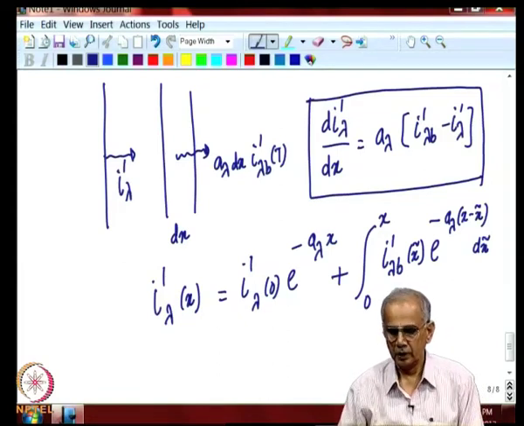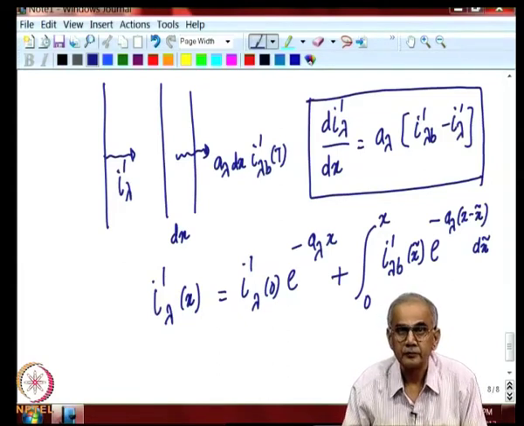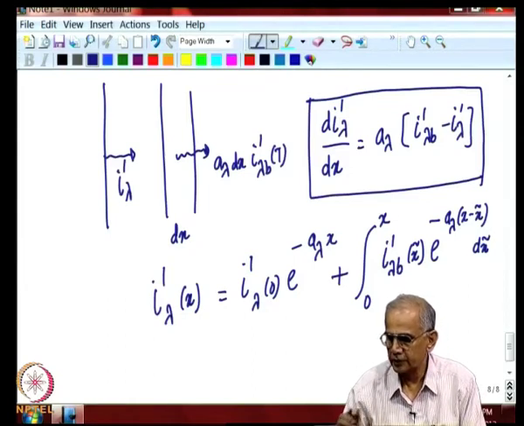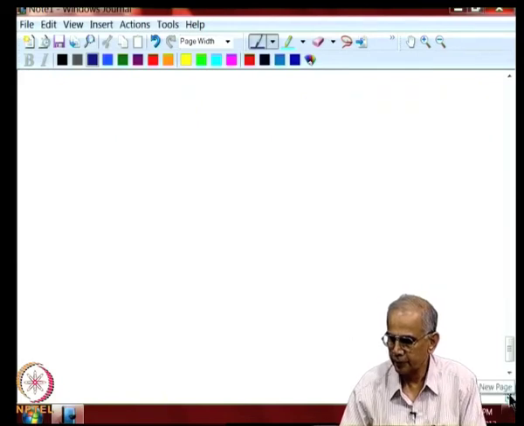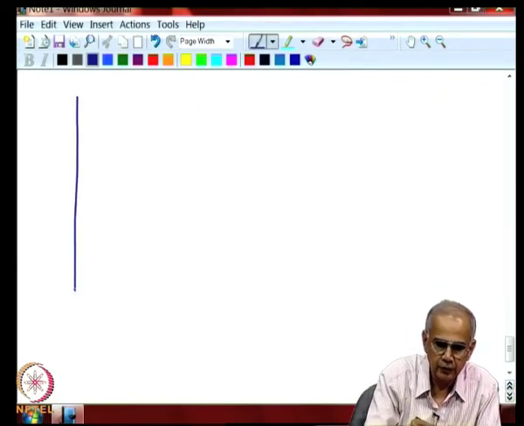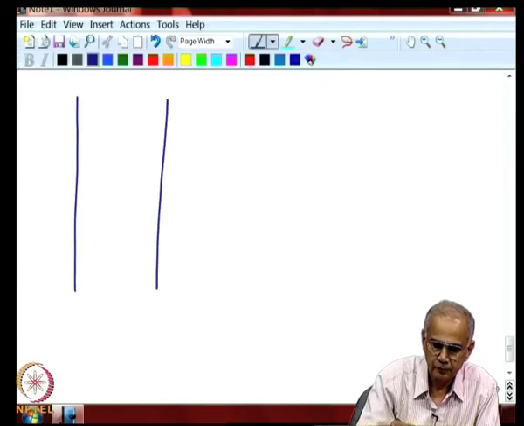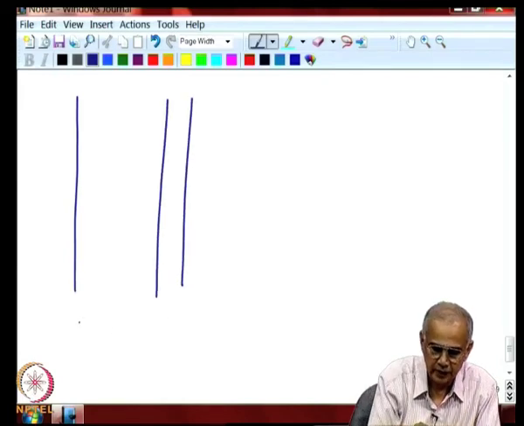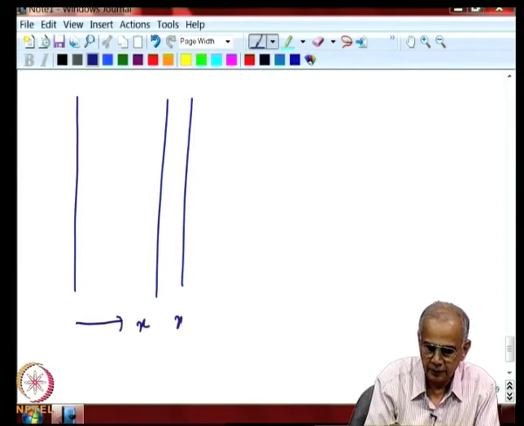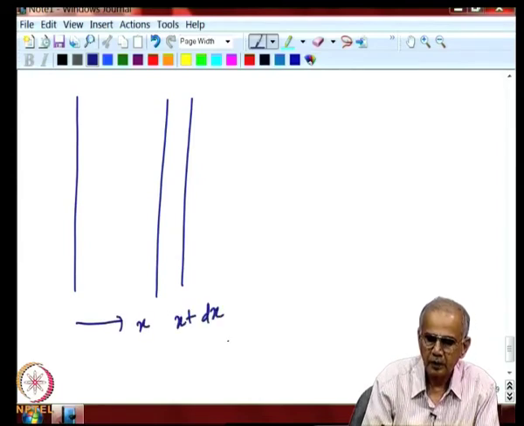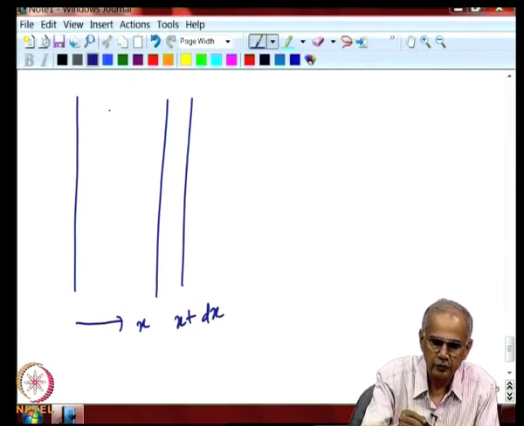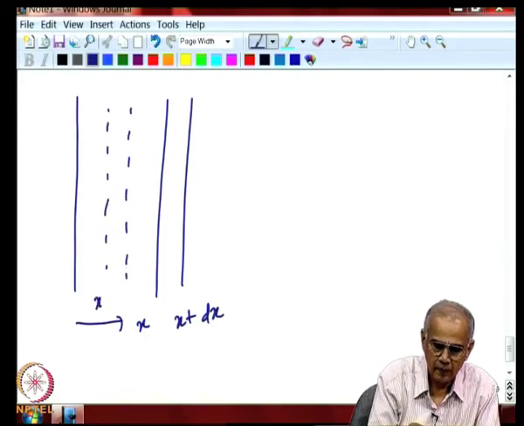Okay. Now, this is a very important equation which will keep coming again and again. So, it is important that you fully understand what this equation implies. So, let me then again draw a schematic. So, this is a layer at a distance x and x plus dx, and there is another layer also you have to worry about, x delta and x delta plus dx delta.